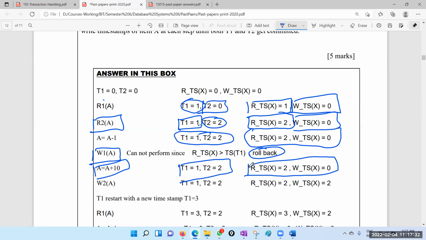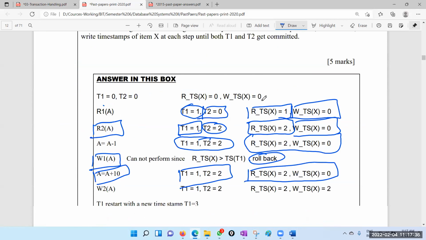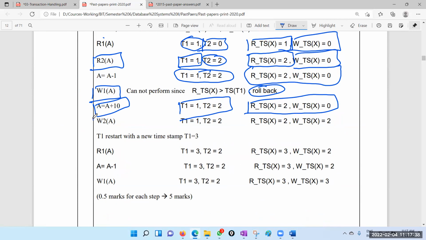Now transaction 2 writes to A. Transaction timestamps are the same. When you write, you have to check whether a younger transaction has read or written.